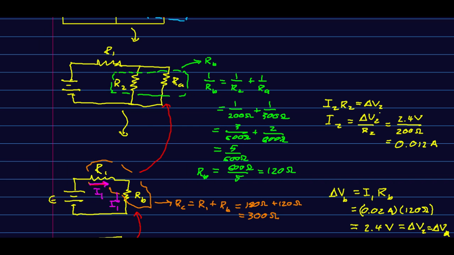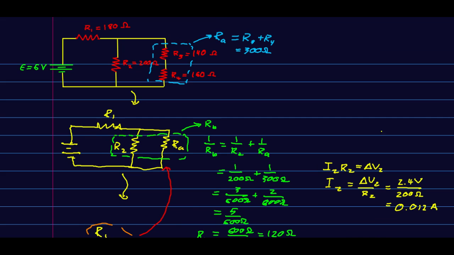And finally, we know that that current is going to work through this junction here, so we can find IA. There's an IA here. And so the junction tells us I1 equals I2 plus IA.